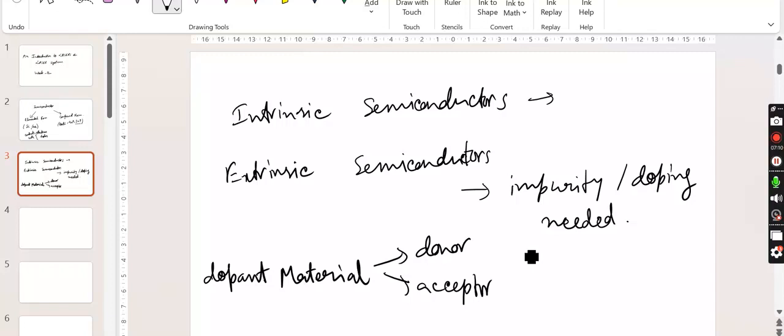When the doping material is a donor, the majority charge carrier is the electron. The principal charge carrier is electrons, so it's called an N-type semiconductor.